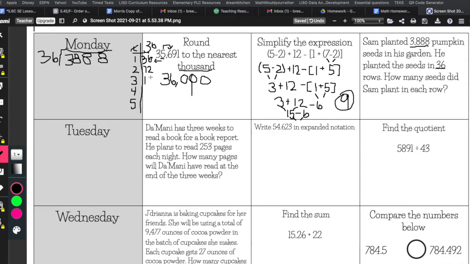Times 3, 108. Times 4 is 144. And times 5 is 180.